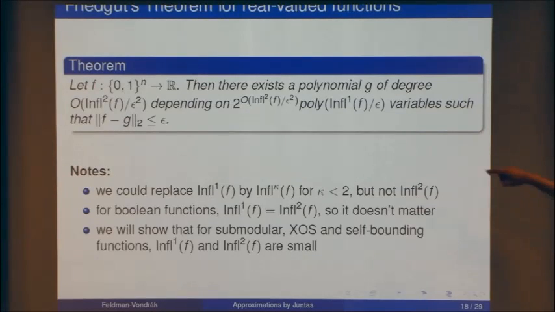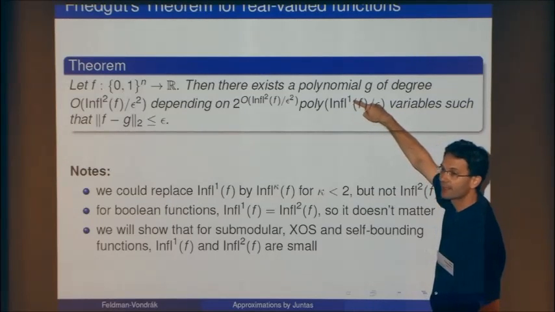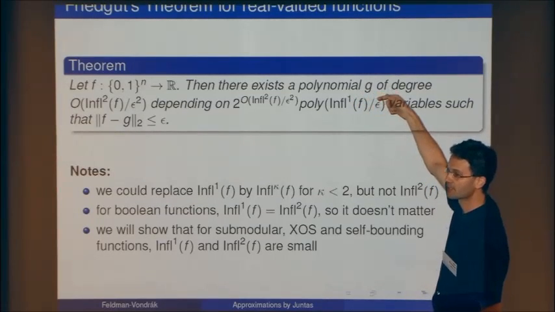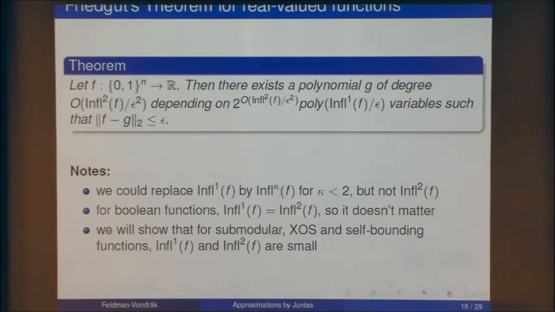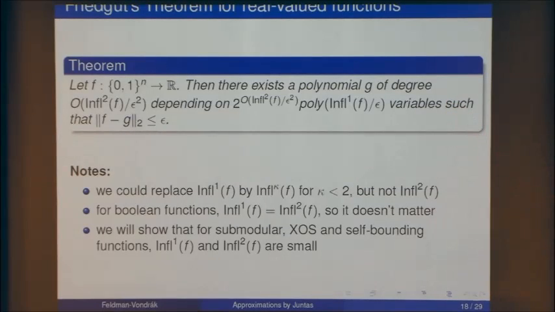Some notes: this infl 1, you can replace by any power strictly less than 2, but not squared. For Boolean functions, this doesn't make any difference. These are all the same.